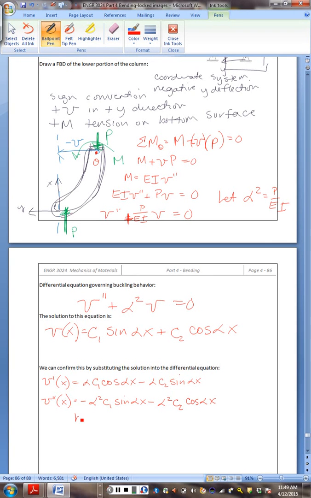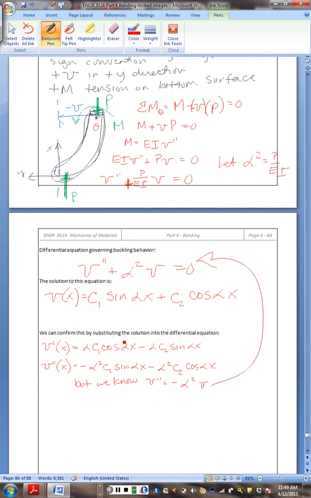But we know that v double prime is equal to minus alpha squared times the deflection. That's just from the original differential equation.